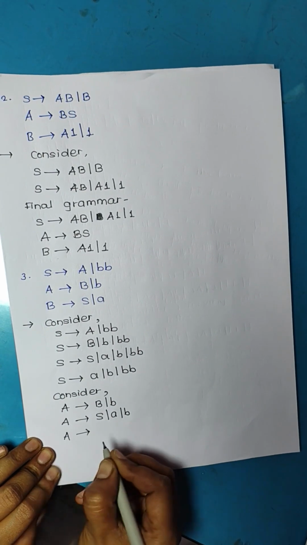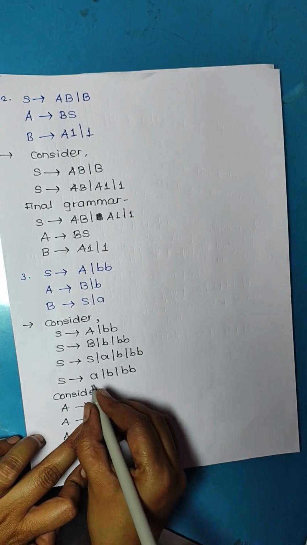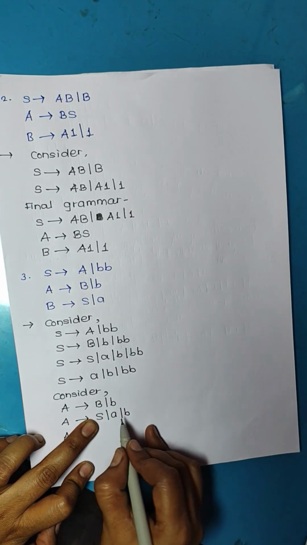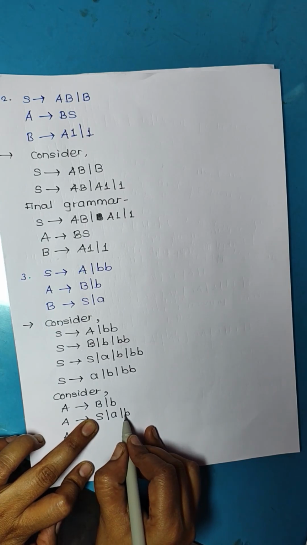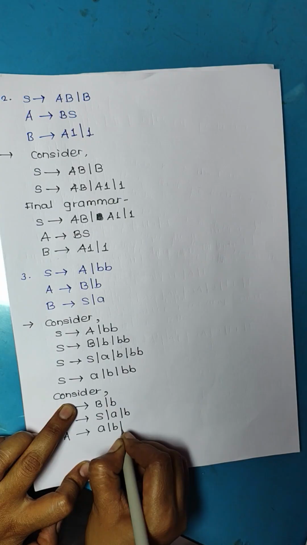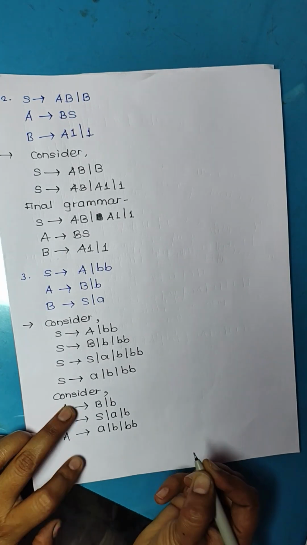Then instead of A we replace the productions of S, A, B or BB. But A and B are already present, so do not repeat. So write A, B or B, B.